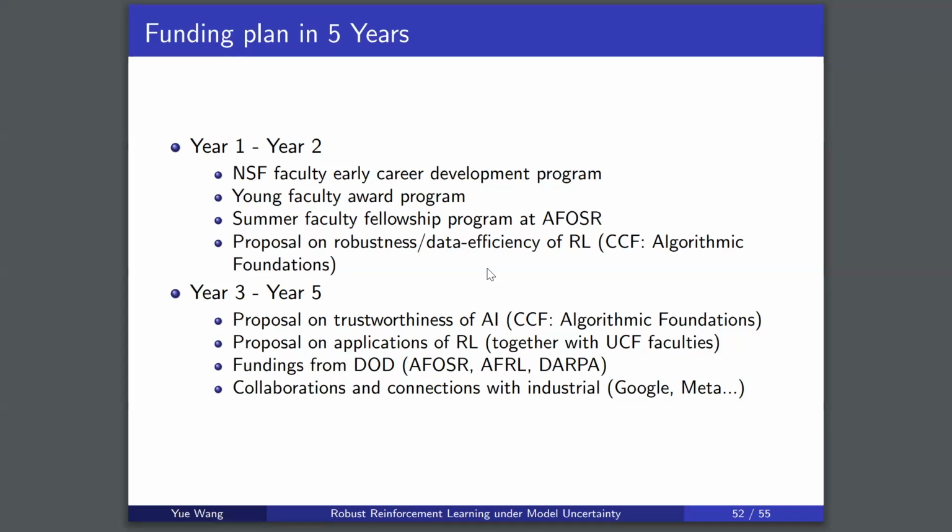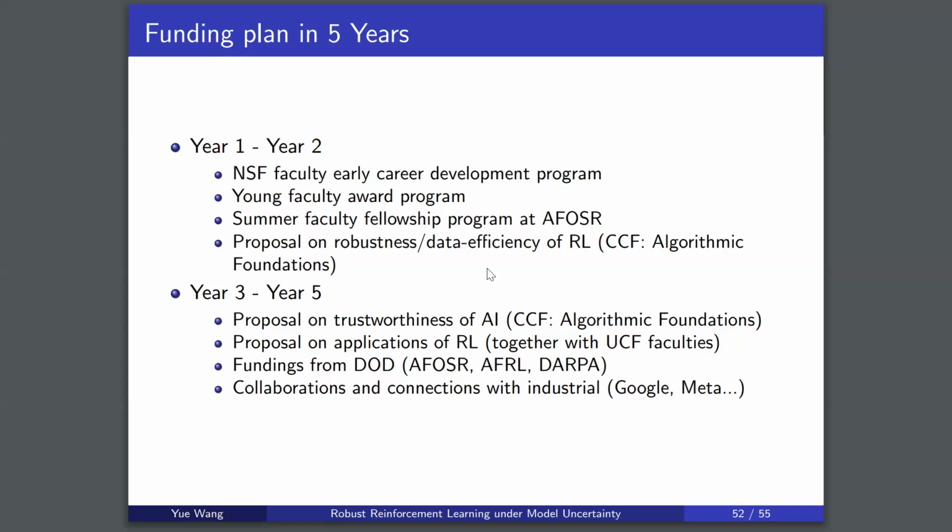And in the first several years, I will get to know and get familiar with my collaborators and faculty here at UCF. And with that connection or collaboration in the following years, I aim to submit some proposals on the applications of reinforcement learning in different areas together with the UCF faculty. And I also aim to submit my proposal on the trustworthiness of AI to the CCF program.